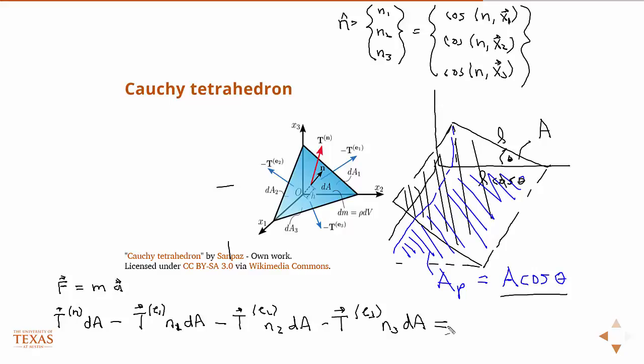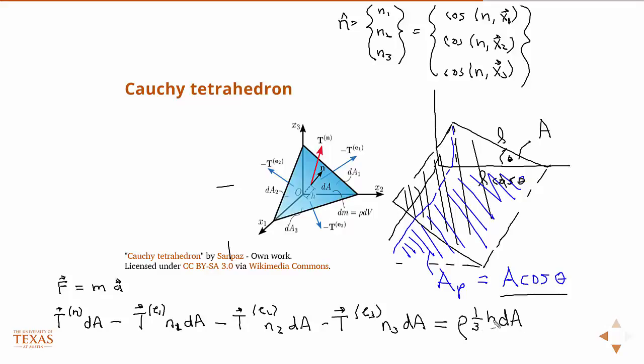So then mass is density times volume. The volume of a tetrahedron is 1/3 the height times the base.